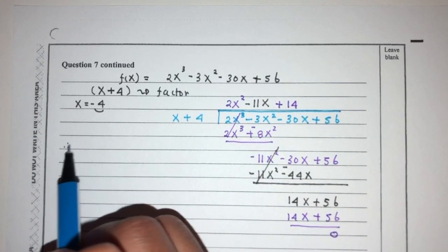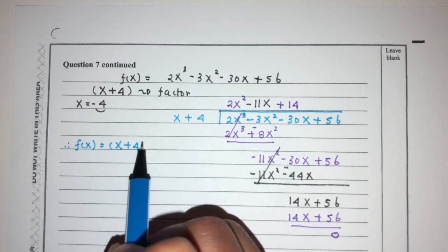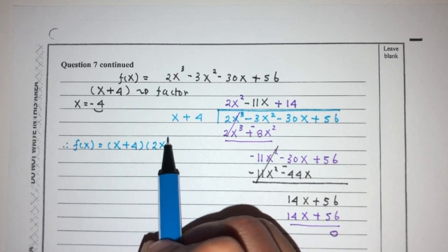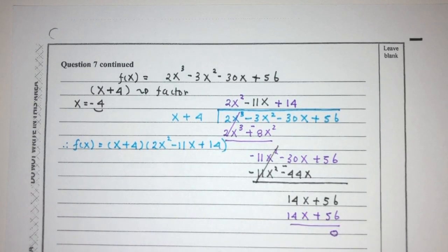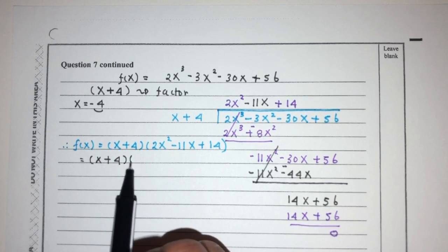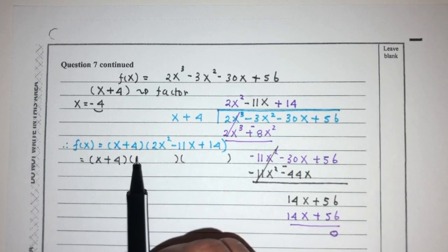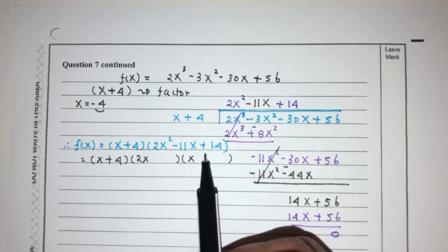So f of x can also be written as x plus 4 multiplied by 2x squared minus 11x plus 14. Let's see what happens. That will become x plus 4, then factorize: 2x times x, and 14 is 7 times 2.